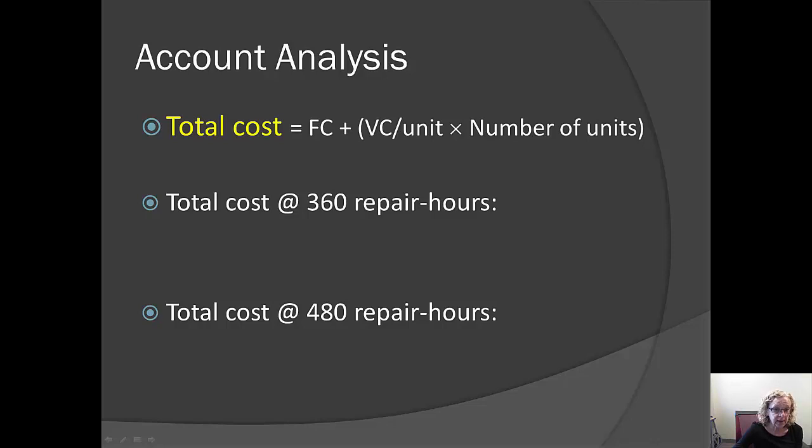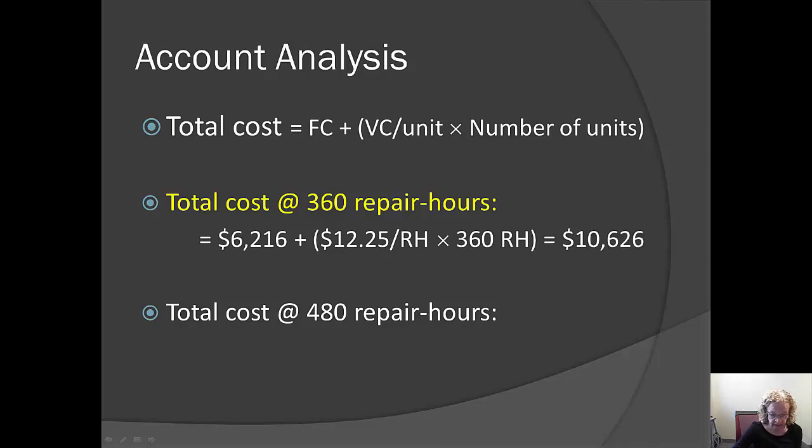For Charlene's Computer Care, for the 360 repair hours that she worked during this period, we would take the total estimated fixed cost from the previous slide and then add $12.25 per repair hour times the 360 repair hours that she actually worked.